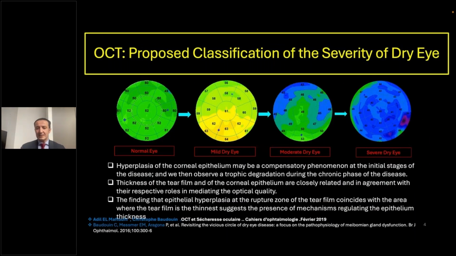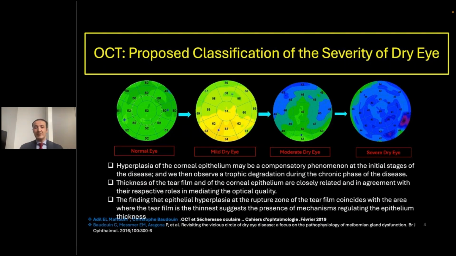In the past, I tried to propose a classification of the severity of dry eye based on the epithelium mapping. In a normal eye, the epithelium mapping is slightly uniform. We know that the average epithelium thickness is approximately 50 microns.